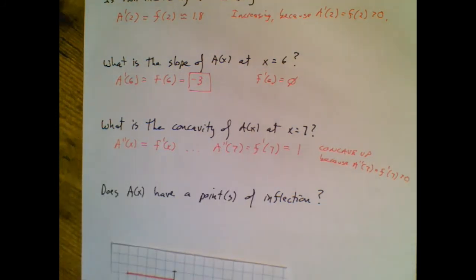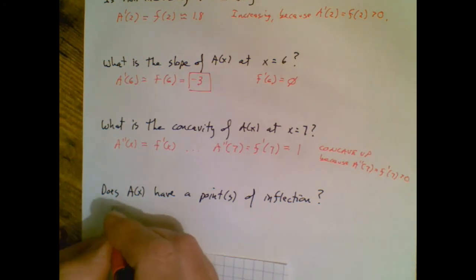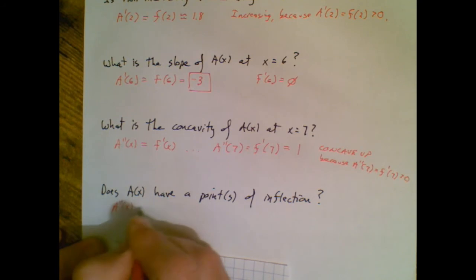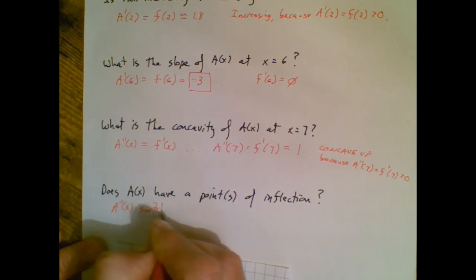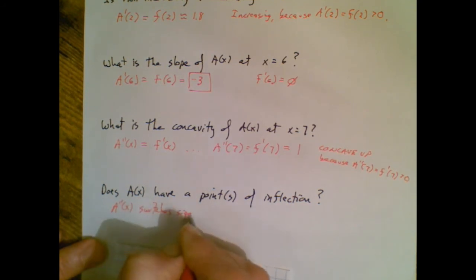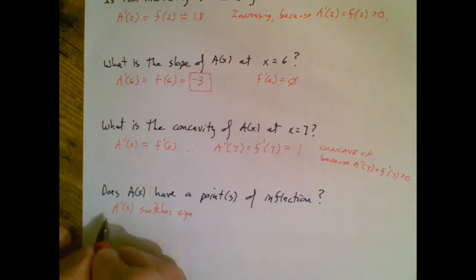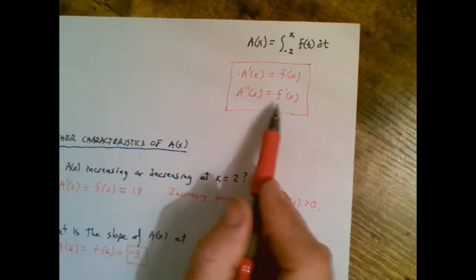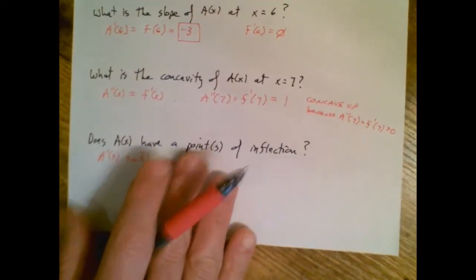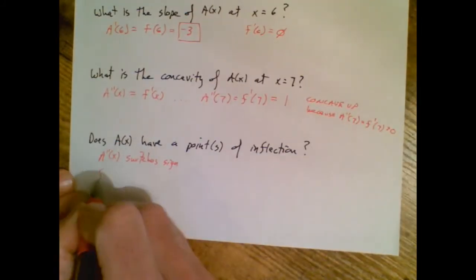Let's look at this. Does a of x have any points of inflection? That would mean a double prime of x switches sign. But we know a double prime of x switching sign is based on the derivative, I'm using that. Means f prime of x switches sign.